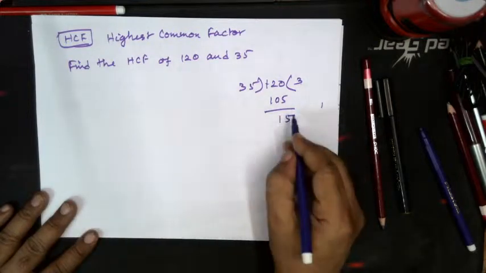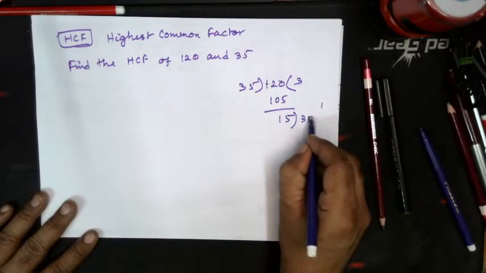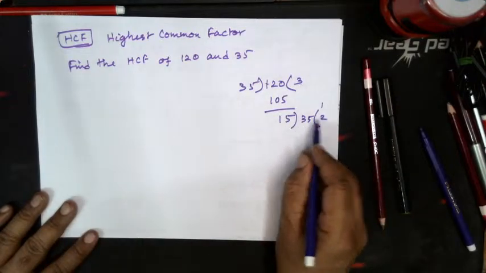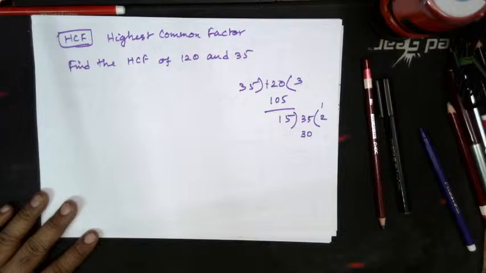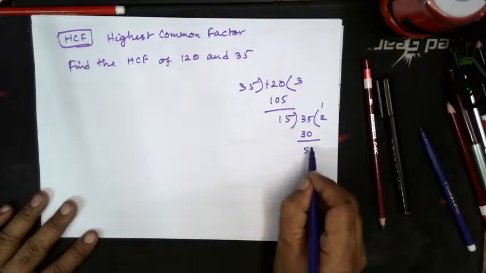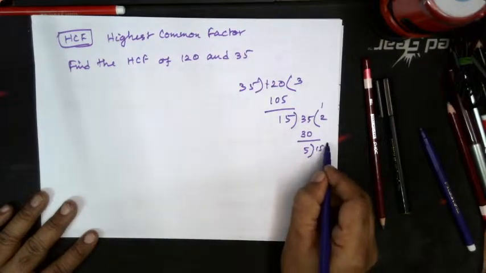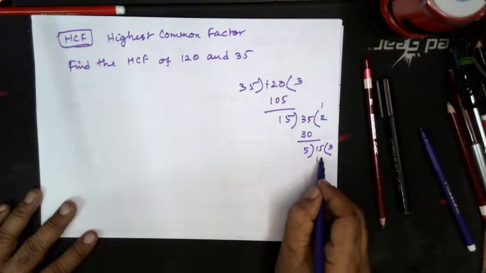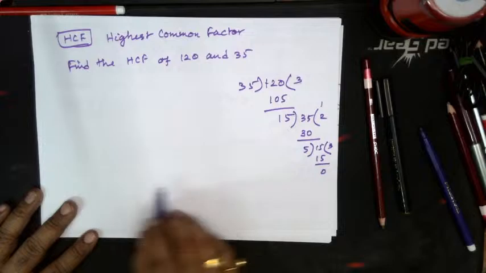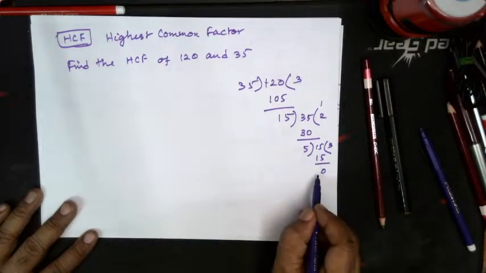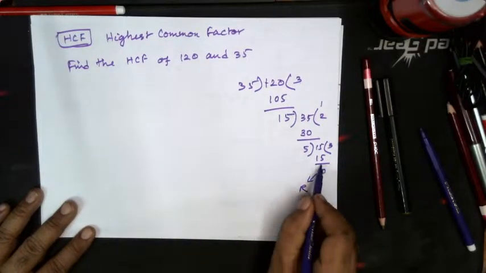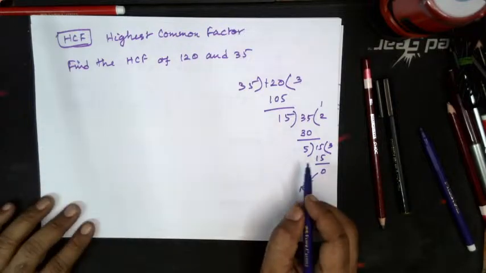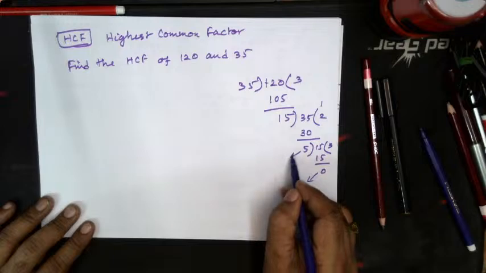You can bring this 35 here. Now divide further. So 2 times, how much? This is 30. Again 5. You can bring this 15 inside. 3. So 3 times and this 15. So 0. Now when the remainder becomes 0, that divisor should be taken as what? The HCF. Okay, this is the HCF.